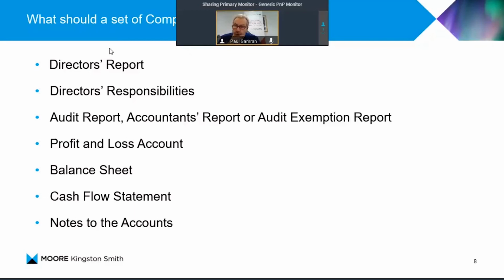The profit and loss account, the balance sheet, cash flow statement, if necessary, and notes to the accounts. We'll deal with some of these in parts 2 and 3, but just let's have a look at the director's report first, and then you'll need to watch Understanding Accounts for Non-Accountants Part 2 to see the rest.